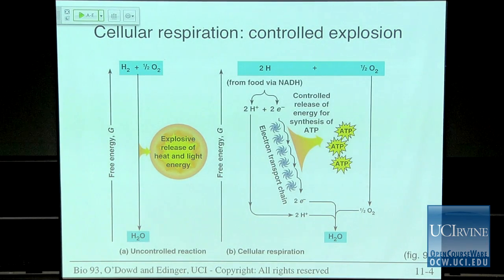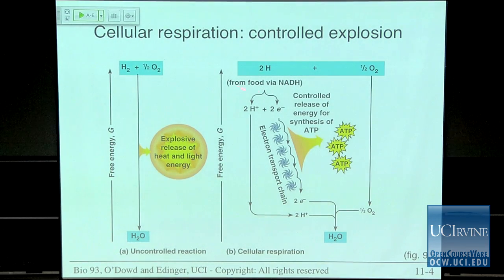It's very electronegative, so it will bring the electrons with the hydrogens very close, and in fact this is a rapid explosive event that will release heat and light energy in the formation of water. Okay. Cellular respiration is exactly the same reaction, it's just a controlled reaction, where we start out with hydrogen and their electrons, combine with oxygen, and they form water.